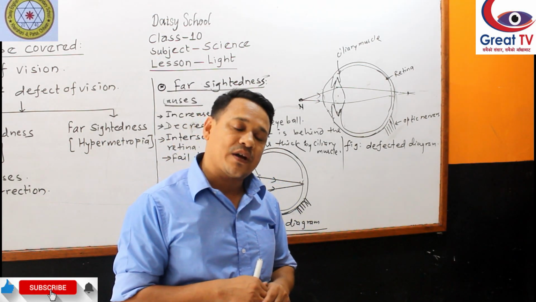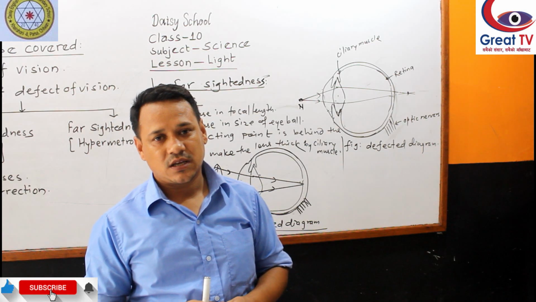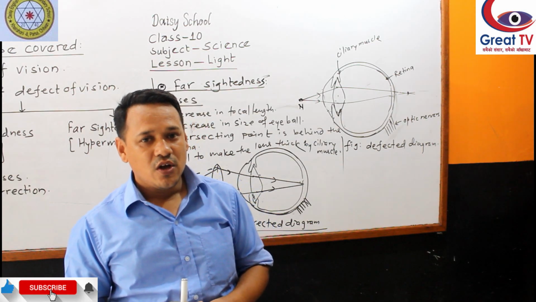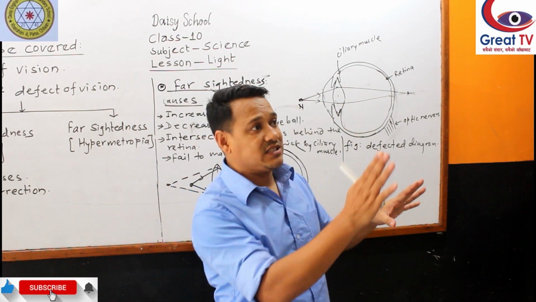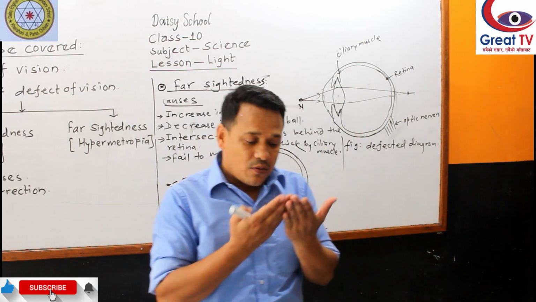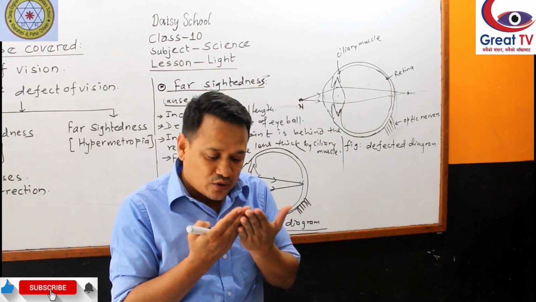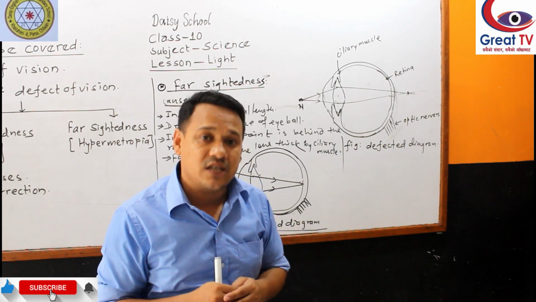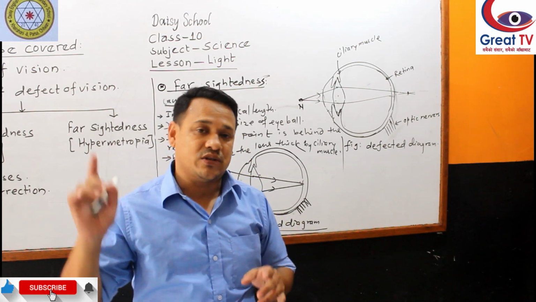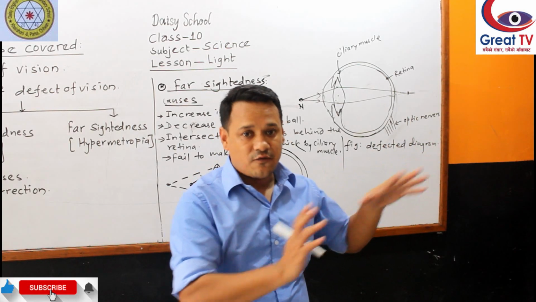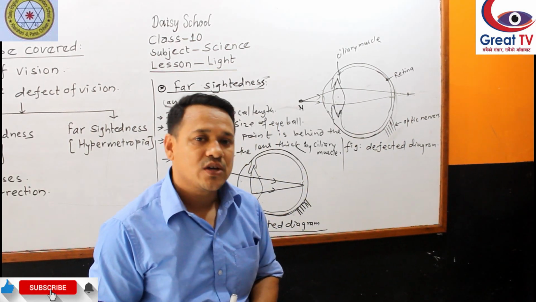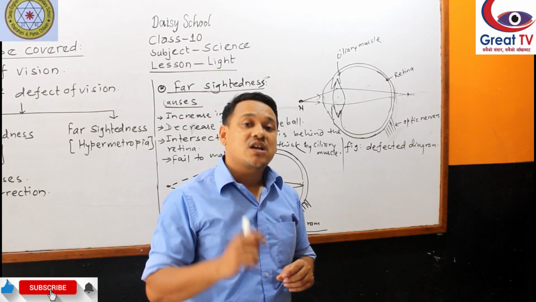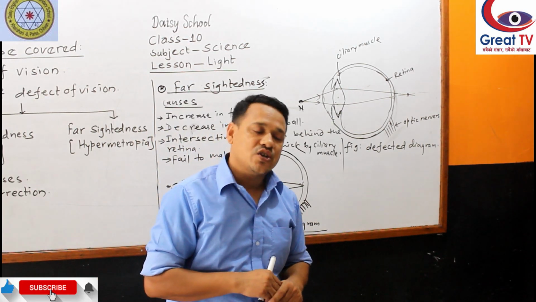Then what type of defect does he or she have? Do you know? From the last bench the student can see the board clearly, far distance can be seen, but the book is nearer and cannot be seen at that time, so needs spectacles. So that is far-sightedness. And to treat such a defect, a convex lens of suitable power should be used.